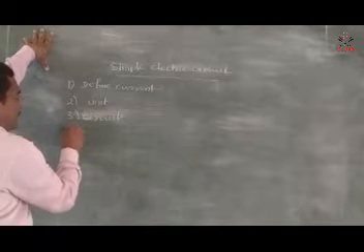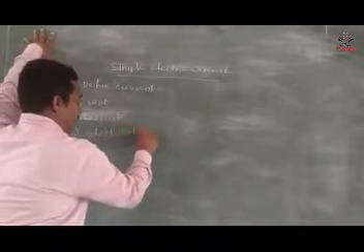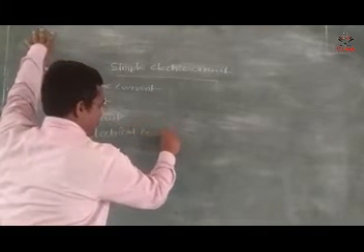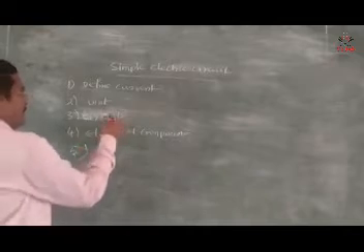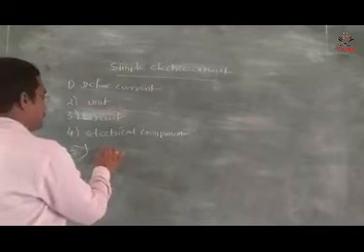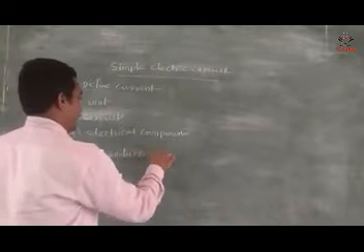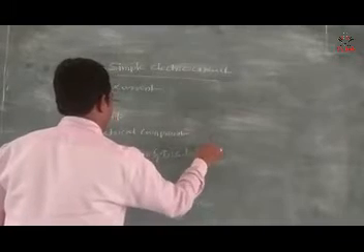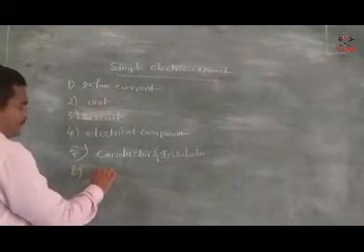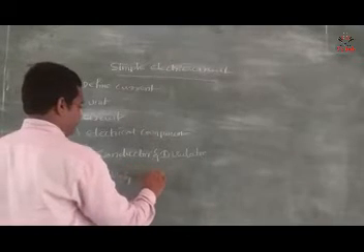What are the electrical components: conductor and insulator, and bulb and battery.